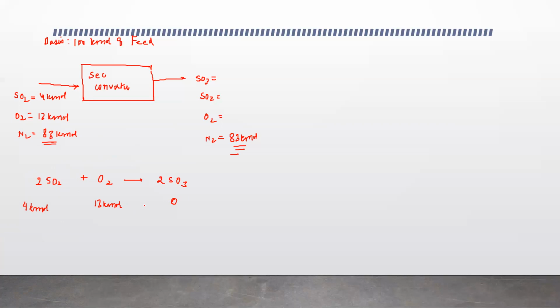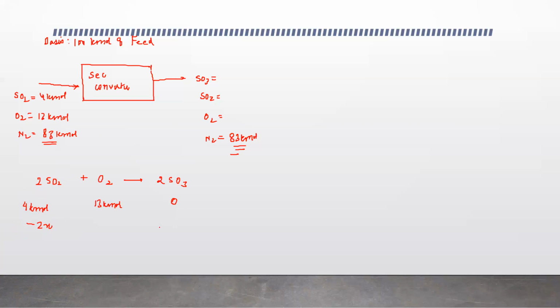Try to avoid fractions as much as you can, because a fraction would make your calculations difficult. So instead of taking x kilomoles of SO2 reacted, we are going to take 2x kilomoles of SO2 reacted. Then we'll be left with 4 minus 2x.